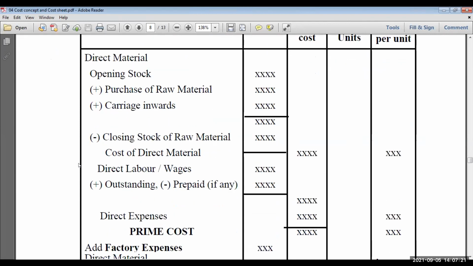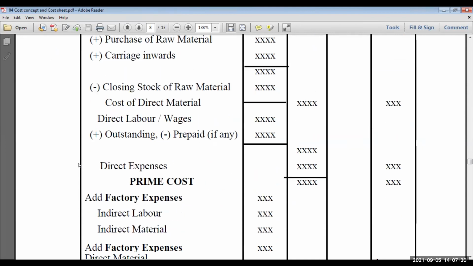Then cost of direct material plus direct labor, direct expenses. All these three things put together, the total is called prime cost.